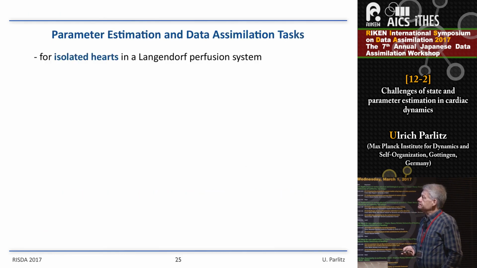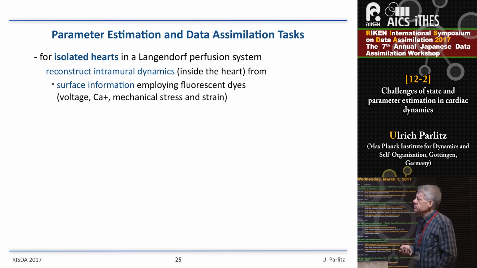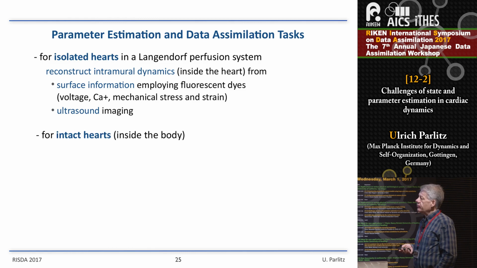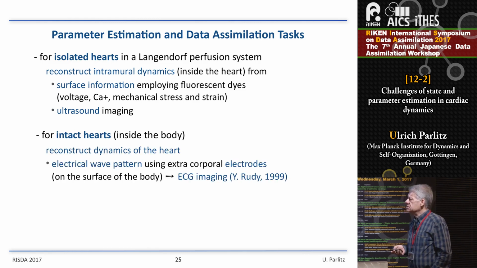Okay. So let me summarize at this point the tasks of data assimilation and parameter estimation. For the isolated hearts in the perfusion system, we want to reconstruct the intramural dynamics inside the heart from surface information which we get from fluorescent dye measurements. And we also may apply ultrasound imaging to get this information. And for intact hearts inside the body, which is a more difficult case, of course, you may try to reconstruct the dynamics of the heart using electrodes on the surface of your body.